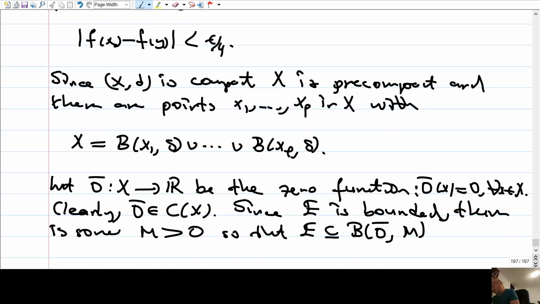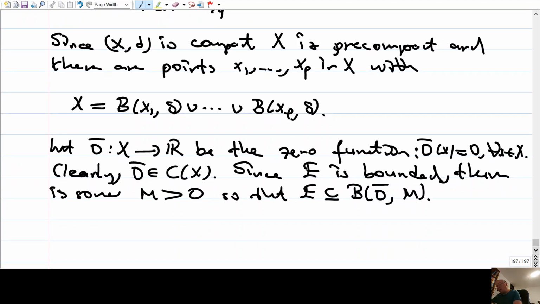So around this function, the 0 function, I can draw a ball with some possibly big radius which contains the whole bounded set E. Of course, the balls here are completely different objects. This is a ball in the metric space X. This is a ball in the function space C(X). I use the same notation, but from the context, it is clear what I mean.